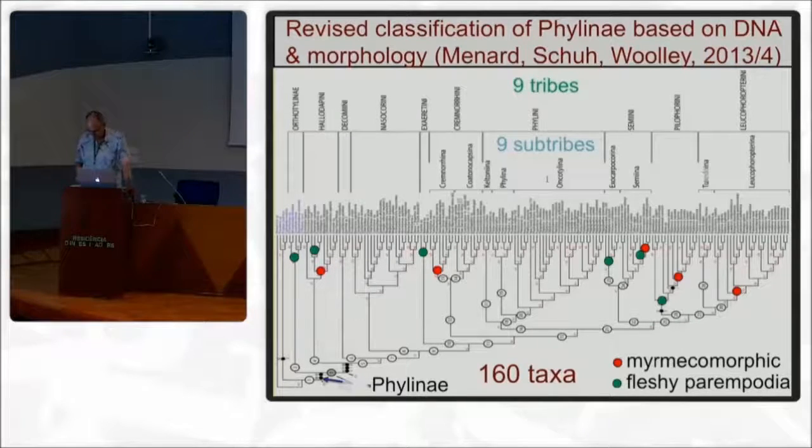the dissertation work of Katrina Menard using DNA sequences and morphology showed that within the Phylinae, there are not just 3 lineages as proposed by Carvalho, or 6 as was the case in 2010, but rather 9 tribes and another 9 subtribes. And you see the two levels above the cladogram here. Of those, no fewer than 5 lineages possess members with a compelling ant-like habitus, here indicated in the red dots, all of those in the subfamily Phylinae.